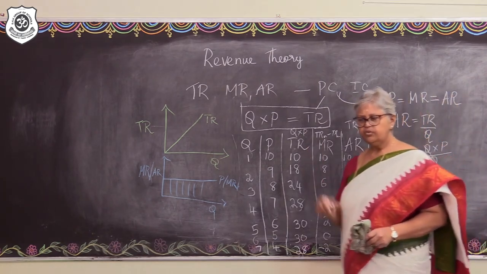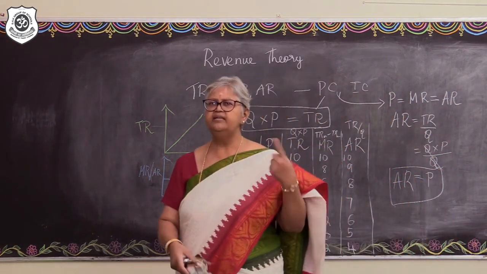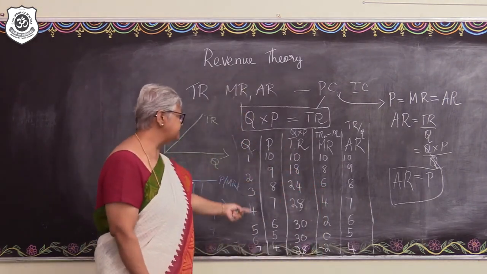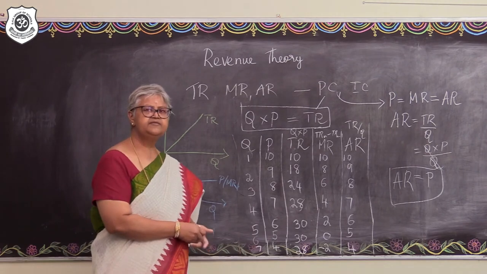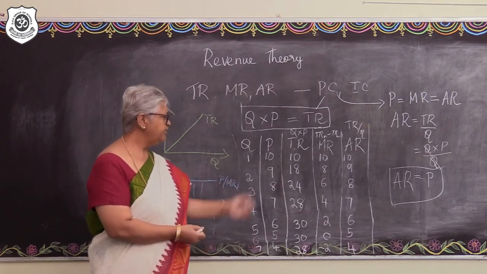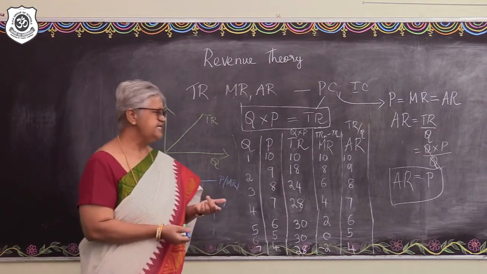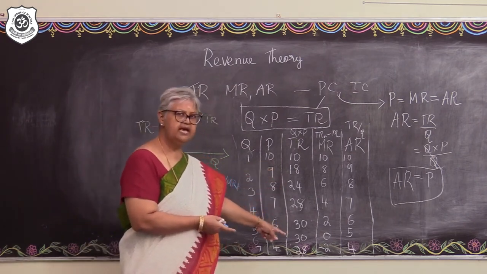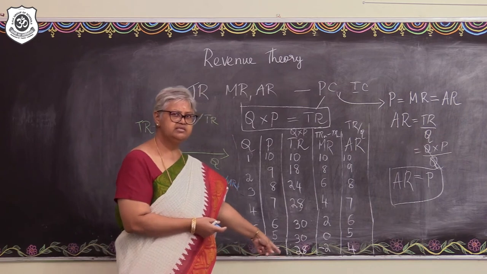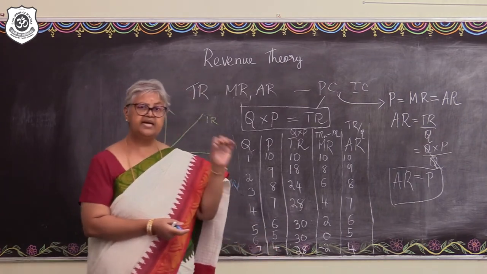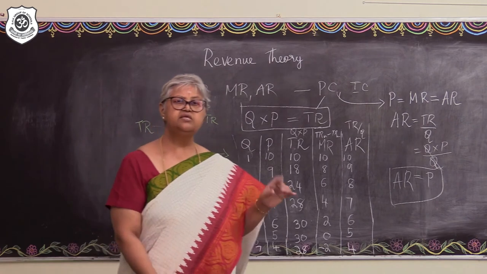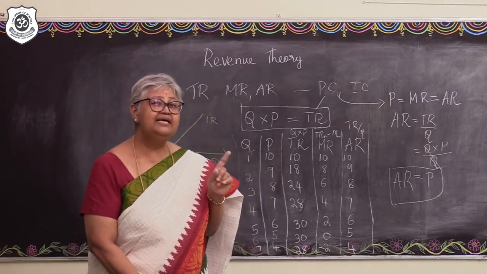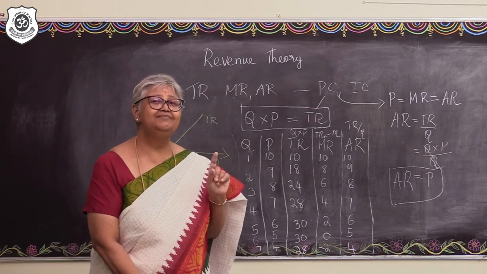So, over here, when the price continuously falls, in this particular market, the total revenue that is generated increases, and then it becomes constant and then it falls. Though the price continuously falls, the total revenue might not increase continuously.